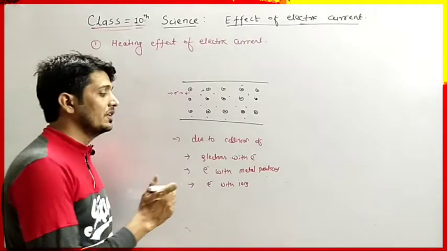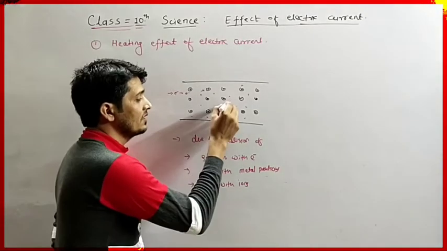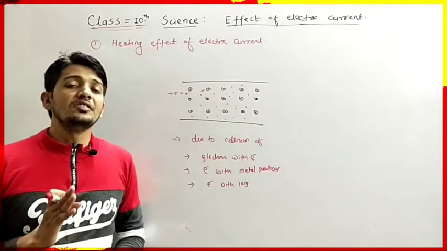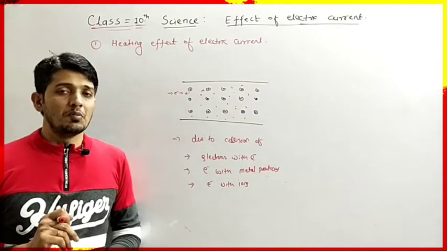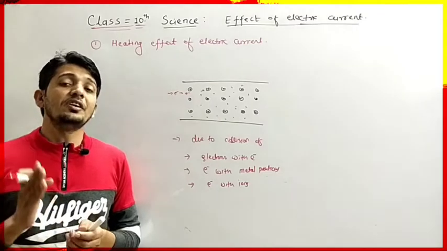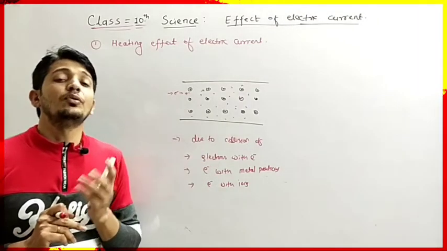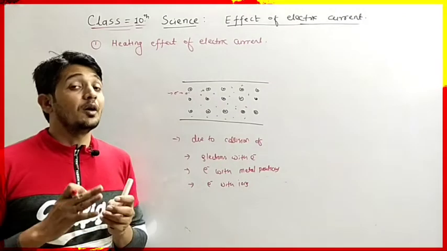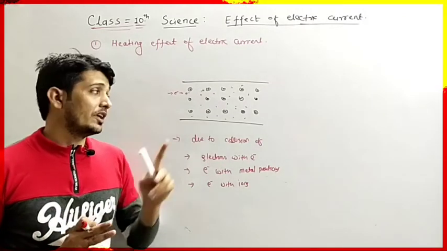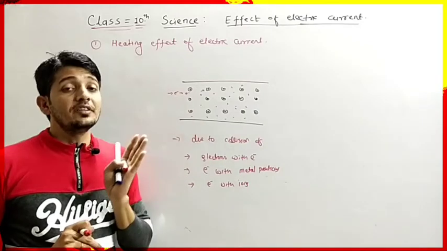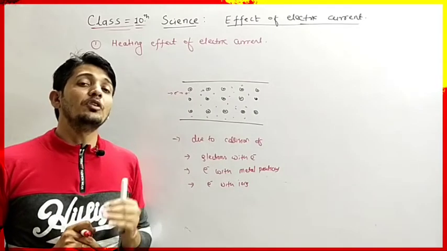Okay, if a number of particles are present, then we can say there is a maximum amount of resistance present. So as the resistance increases, the particles oppose the flow of electrons, that is, they oppose the flow of charge. That's why as resistivity is higher, the current will flow less.